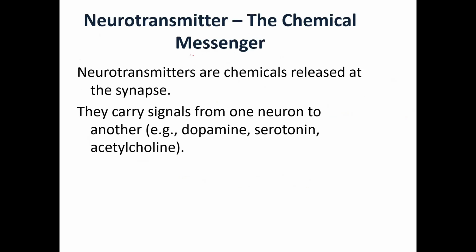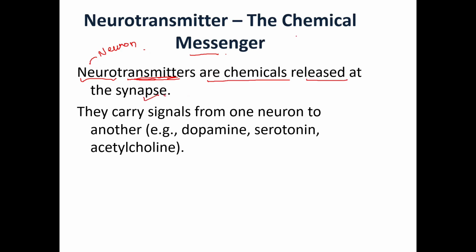Neurotransmitter, the chemical messenger. We already talked about neurotransmitters. Let's break the word into neuro and transmitter. Neuro is related to the neuron, and a transmitter transmits information. These are specialized chemicals released by a neuron at the synapse.